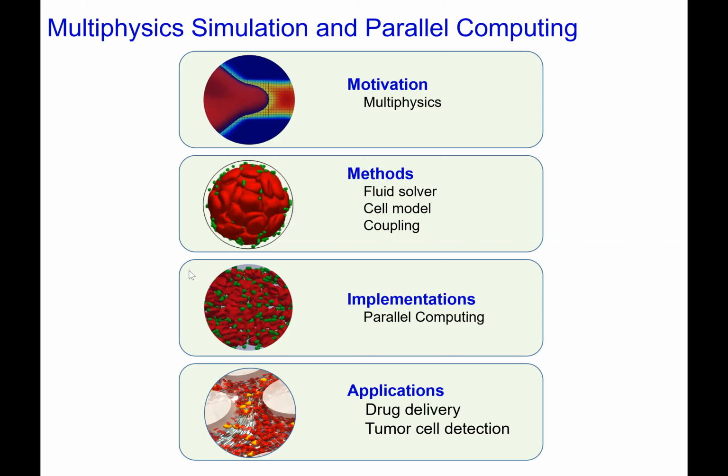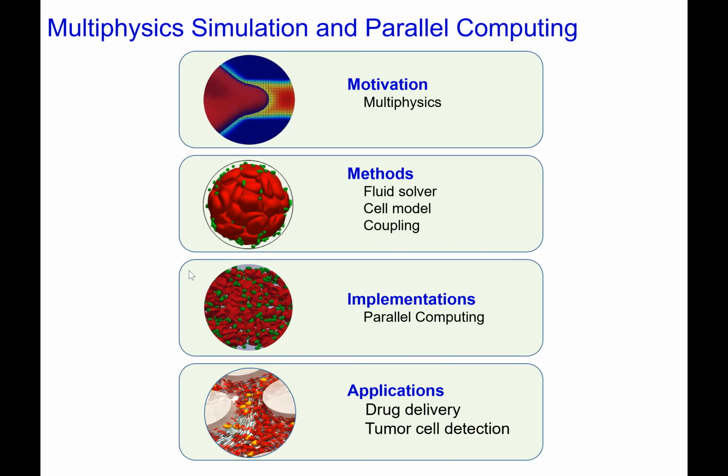We will talk about what fluid solver we are using. How can we model those large deformations of blood cells or any other deformable polymers? And then how do we couple those two different fluids and cells together, because it's a coupled problem. How can we handle the coupling between those two phases?